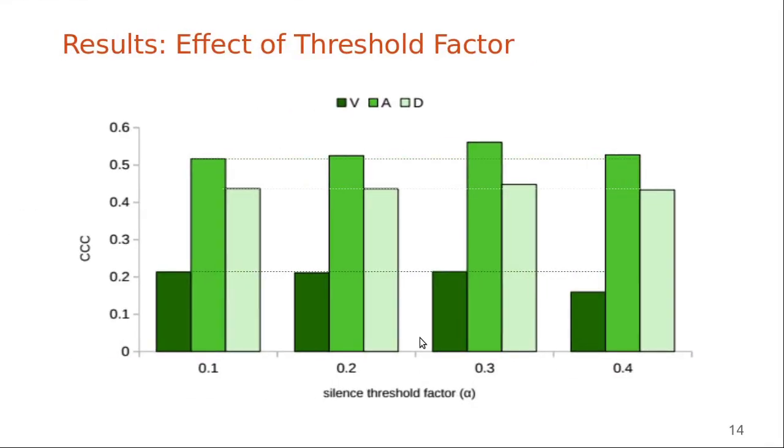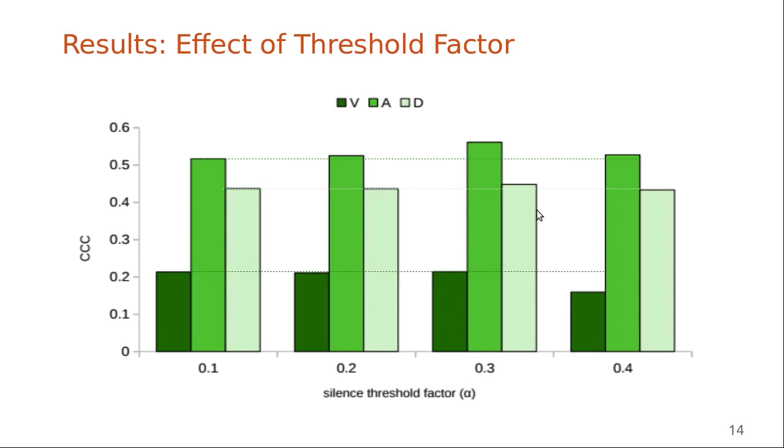Using different thresholds, we also observe any difference from a threshold of 0.1 to 0.4. The scores of valence and dominance remain similar if we change from 0.1 to 0.2 and 0.3. However, there is again a remarkable difference on arousal. If we change from 0.1 to 0.2, there is slight improvement, but at 0.3, we obtain a remarkable improvement.